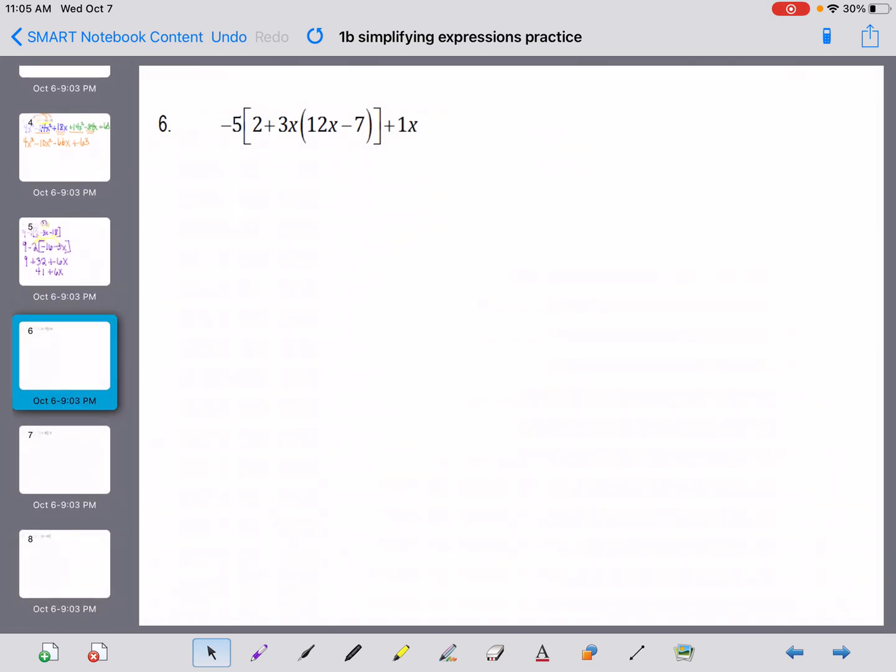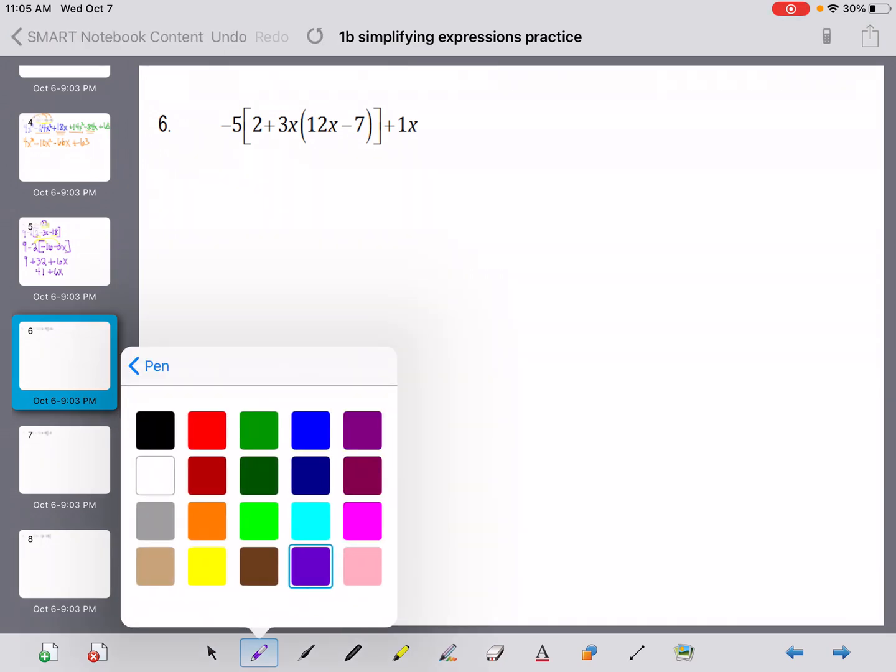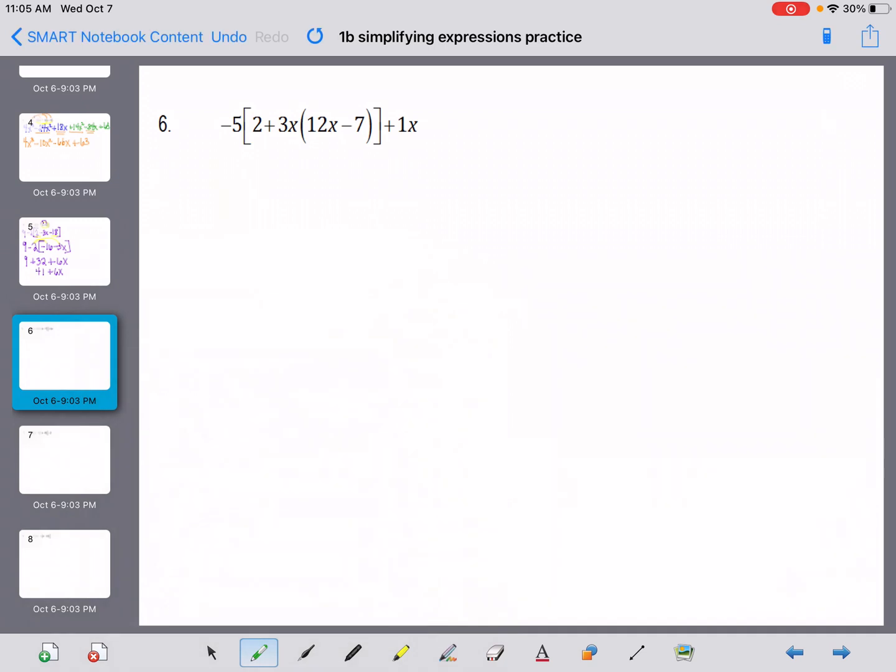Same idea here on this next problem. When we take a look, we have the innermost parentheses here. And we're going to have to distribute that 3x on that parentheses.